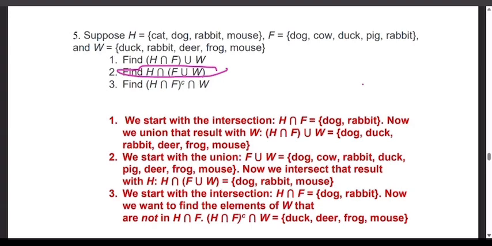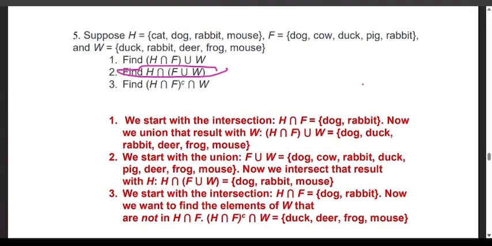You start with the one in the parentheses, which is F union W. I'm going to combine F and W together, and whatever I got, then I'm going to look for the words in the intersection between H and F union W. So, which is what I have here.